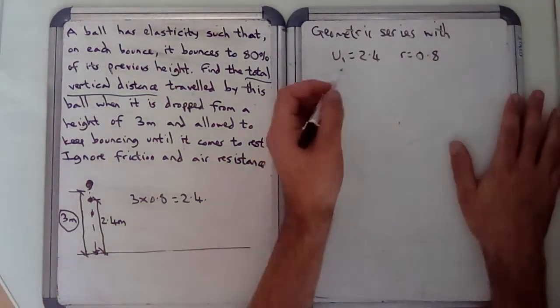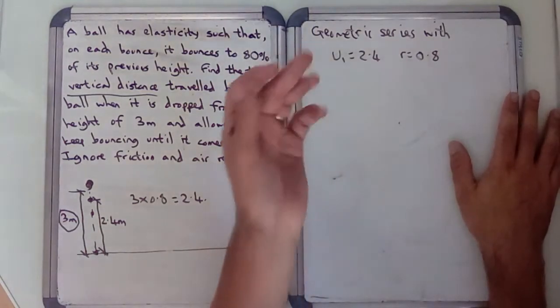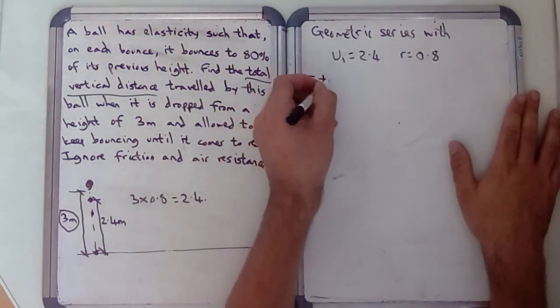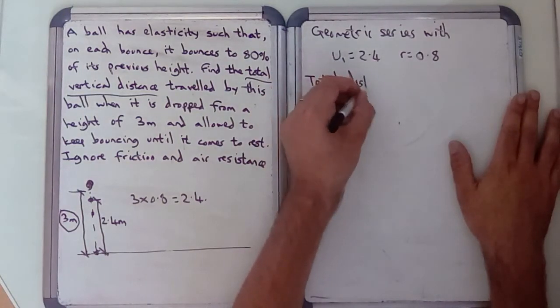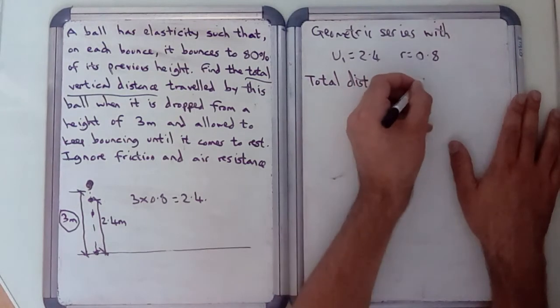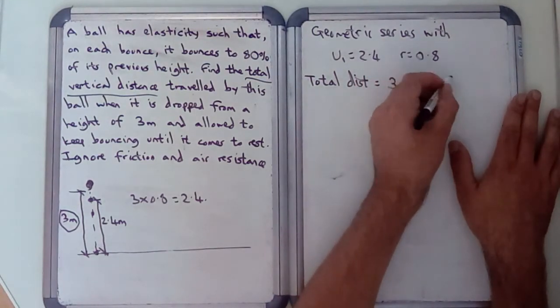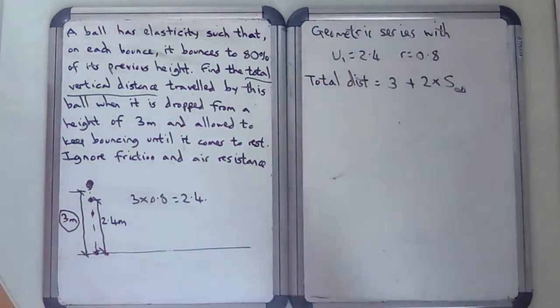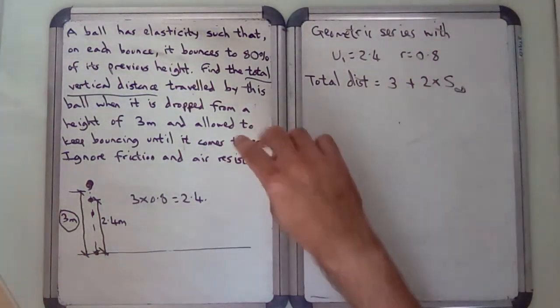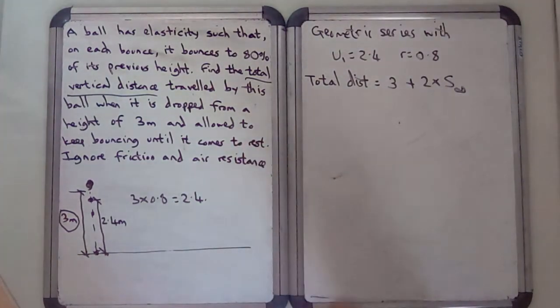So I need to find the total distance travelled. So total distance, the first drop, equals 3 plus 2 times the sum to infinity of the rest. Because this is an infinite geometric series, as we allow the ball to bounce until it stops bouncing, until it comes to rest.